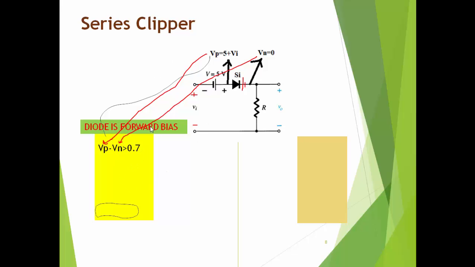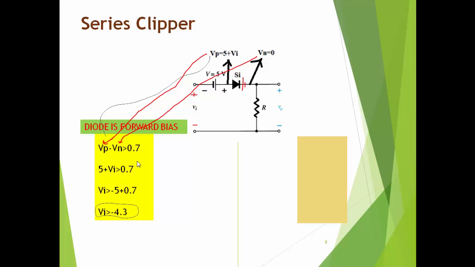Now, put the value of Vp and put the value of Vn. Solve this. We will get a condition. In that condition, diode is in forward bias. Condition is when Vi is greater than minus 4.3, then the diode is forward bias.